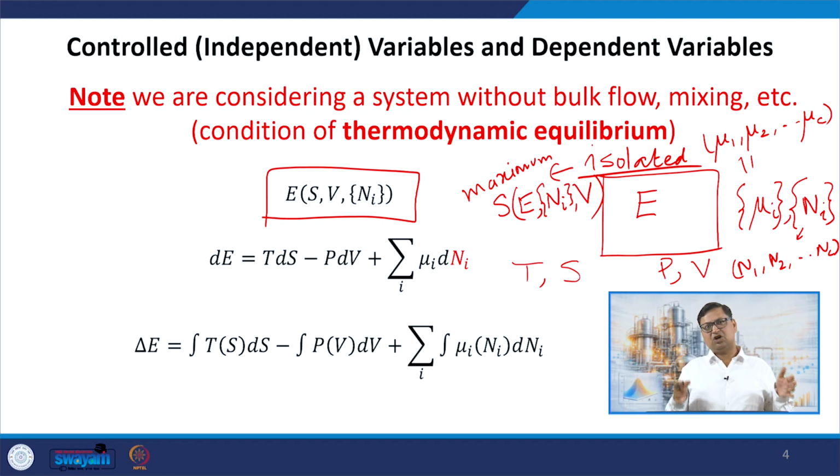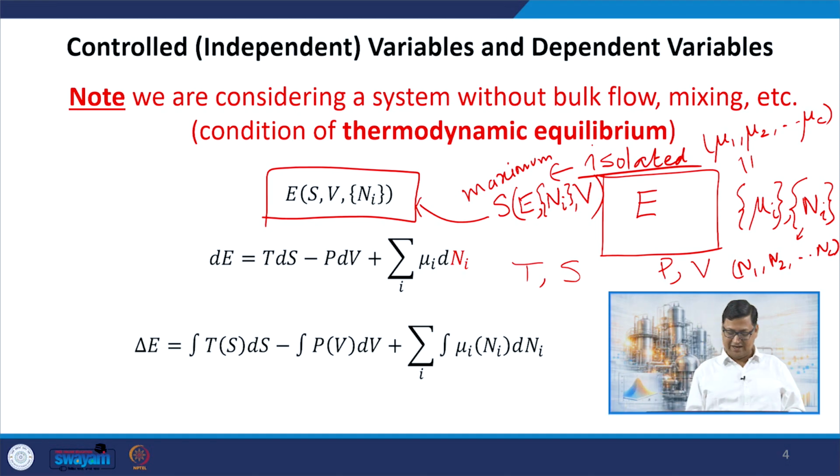So now since entropy is a function of these three, I can therefore also say that energy is a function of entropy, volume, and number of molecules of all the species, right? What does it mean to have an entropy that is a function of three variables? Essentially it means we have a function of four variables, S, E, N_i, V, right?